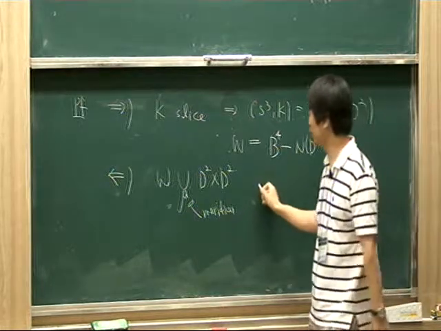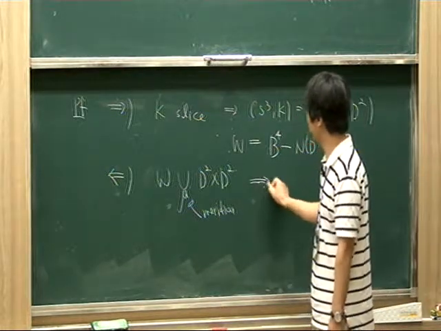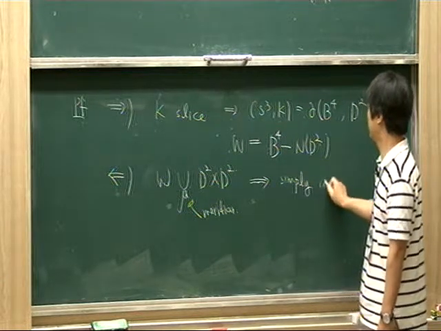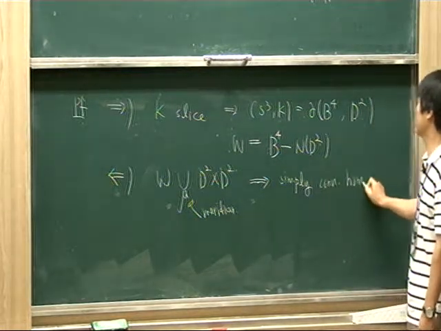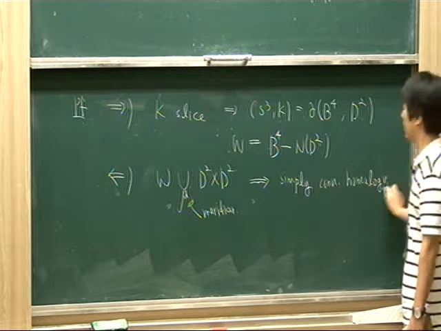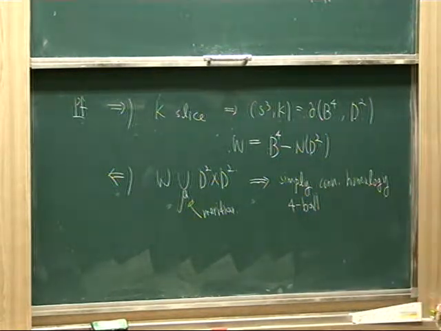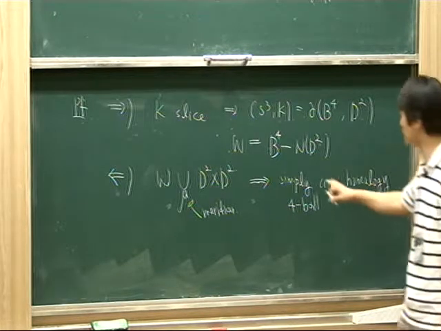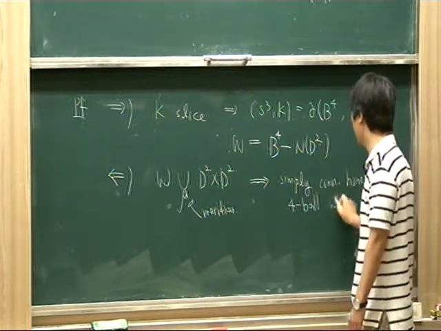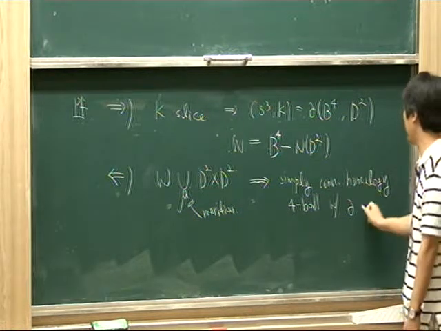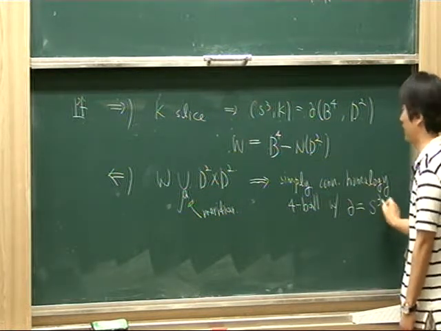Then it turns out that this is a simply connected homology four-ball. By homology four-ball, I mean a four-manifold which has the same homology groups as the standard four-ball, so everything is trivial. So it is a simply connected homology four-ball with boundary S3.